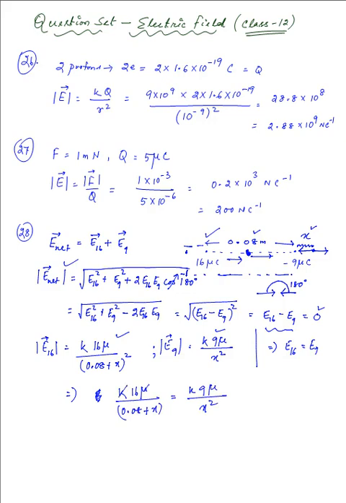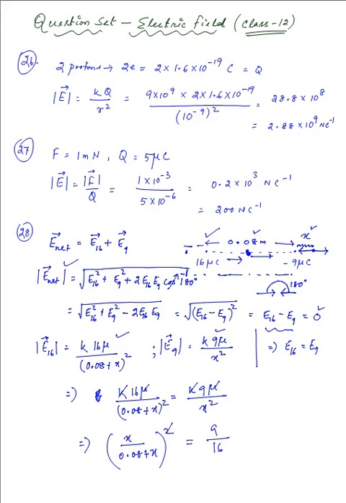The K and the micro terms get cancelled out. Then we can take the ratio. So x over 0.08 plus x, completely squared, equals 9 over 16, just a cross multiplication.